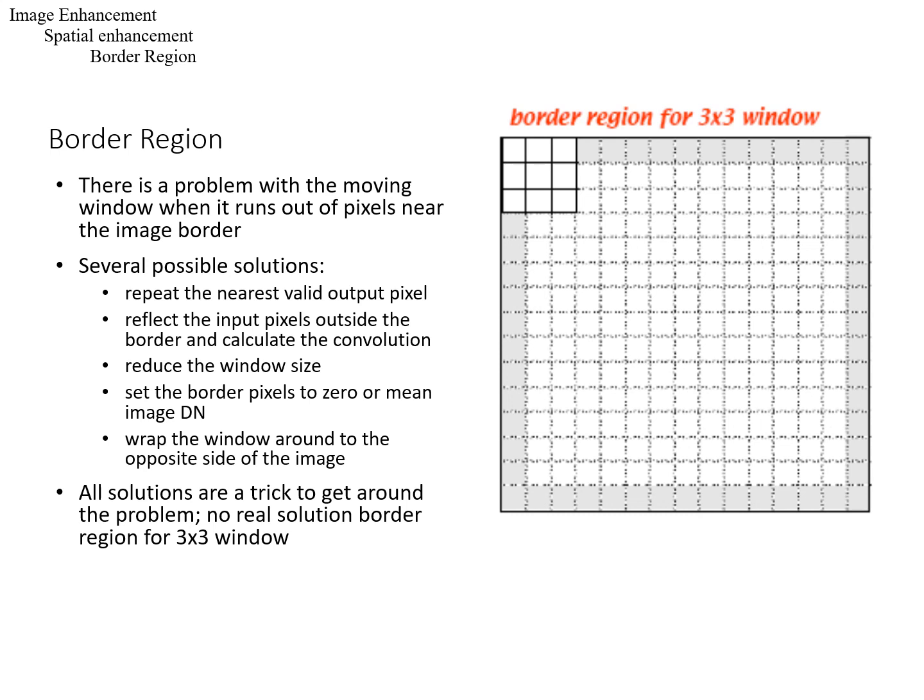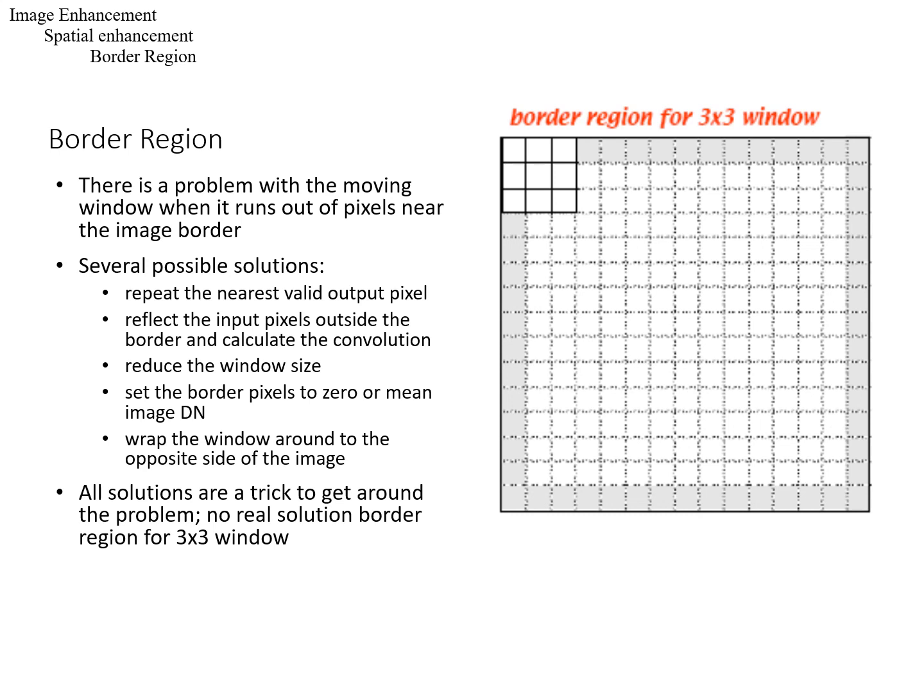And then, you know what? I've seen this suggested. I don't understand it, but some people have said wrap the window around to the opposite side of the image. So if you're down near the bottom and one of your elements is outside of the range of the image, just go up to the top of the image and pull the pixel that is on the same column, but the first row.